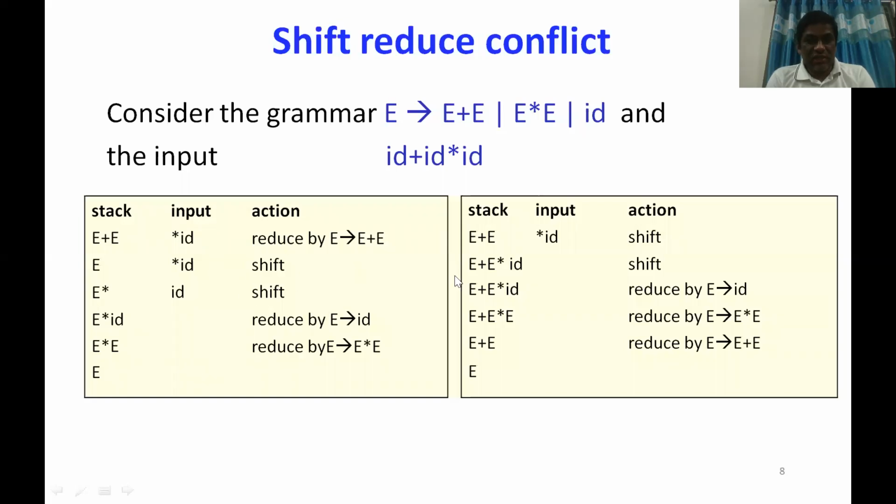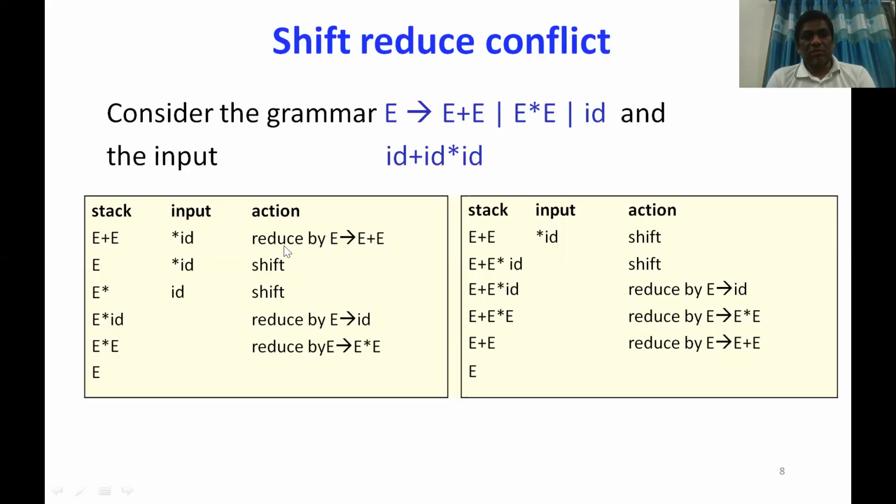If you look at this example, this is the grammar and this is the string which we want to derive. Let us say id plus id is already derived as E plus E, which is on the stack, and this is the remaining string, star id.